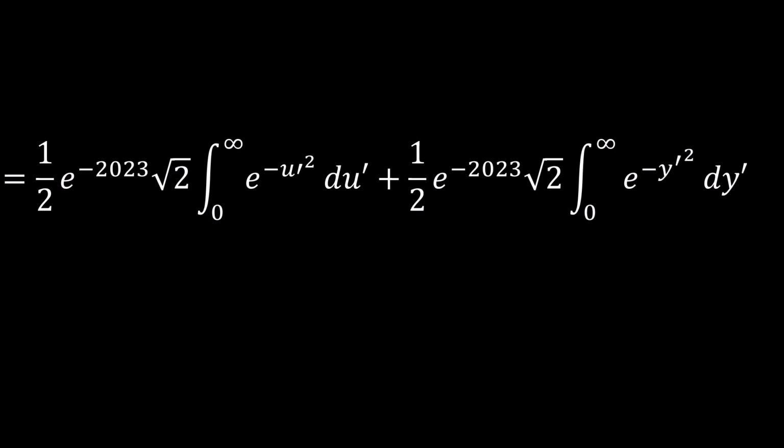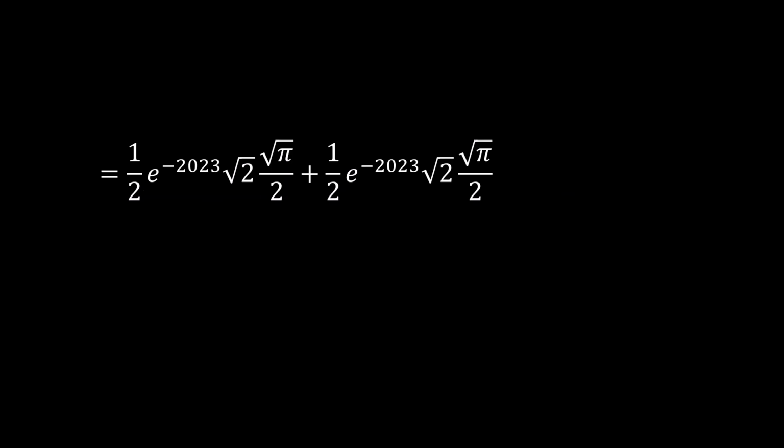For those of you who know the Gaussian integral, the integral from negative infinity to positive infinity of e to the power negative x squared is the same as the square root of pi. If you're starting from 0, since there's symmetry, that's the square root of pi over 2.